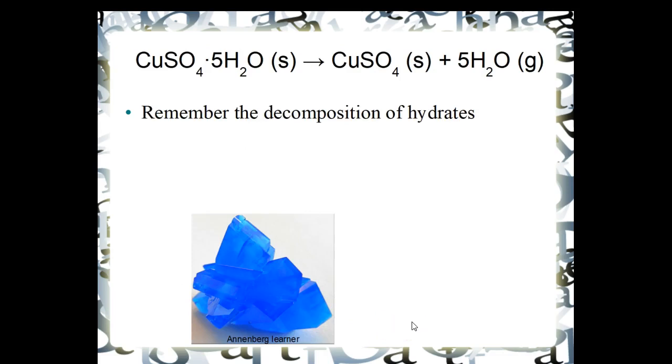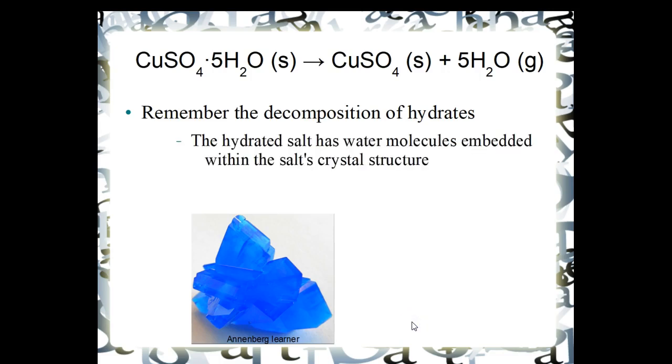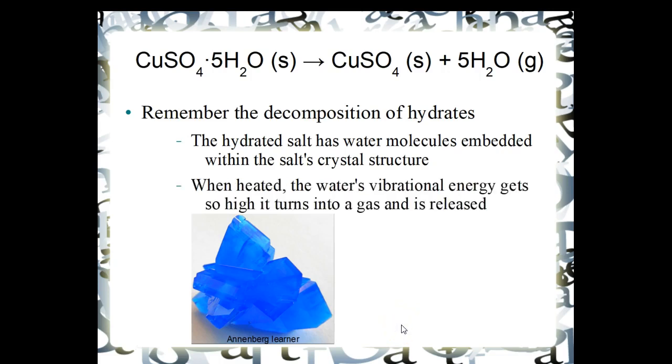Now let's look at the decomposition of hydrates. That's not one of the reactions we looked at. But if you remember the decomposition of copper 2-sulfate pentahydrate, you notice that the hydrated salt has water molecules embedded within the crystal structure of the salt. And so when heated, the vibrational energy of the water becomes so high that the water turns into a gas and is released from the crystal.